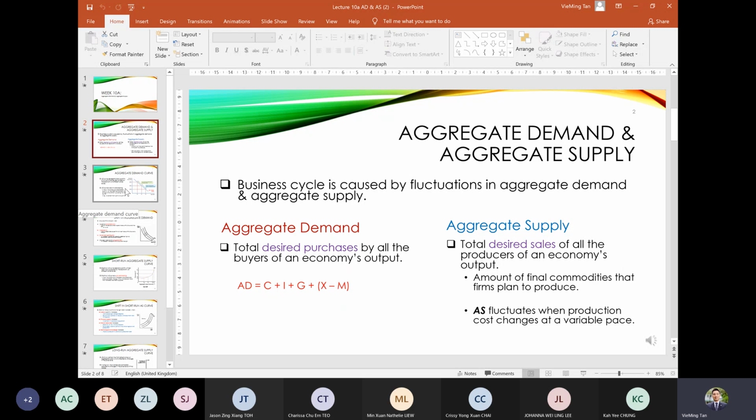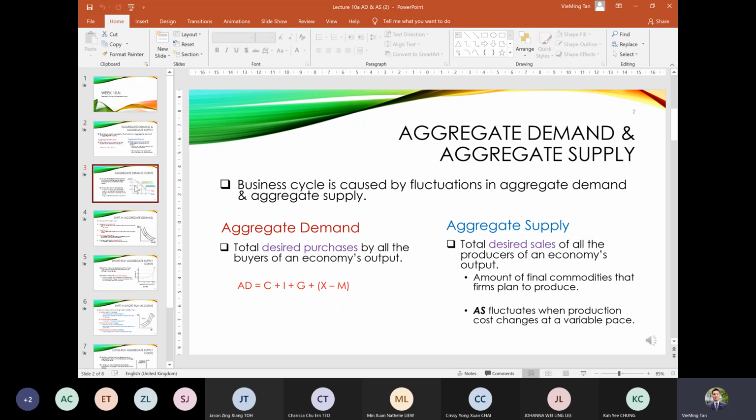So it consists of four sectors, and these four sectors form the aggregate demand. Aggregate demand is equal to C plus I plus G plus net export. These are the four sectors that will affect the aggregate demand.